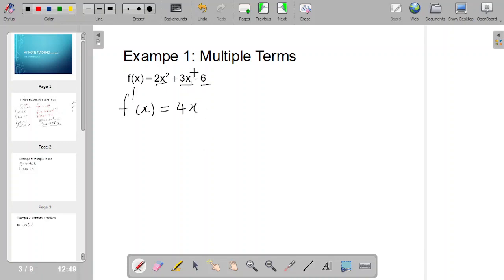Then we come to the second term with an invisible power 1, and that power 1 times 3 will be 3, and then x to the power 1 minus 1 is x to the power 0, which means this will just be 3. And then the last term is just a number, and the derivative of just a number, a constant, is 0. So this will be our derivative with respect to x.